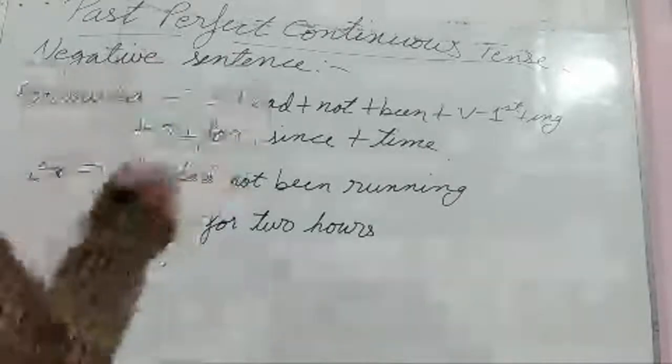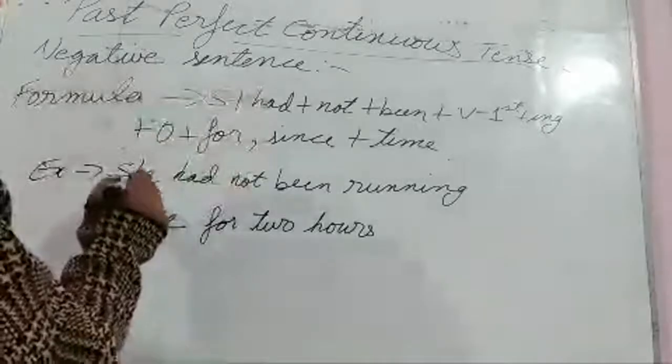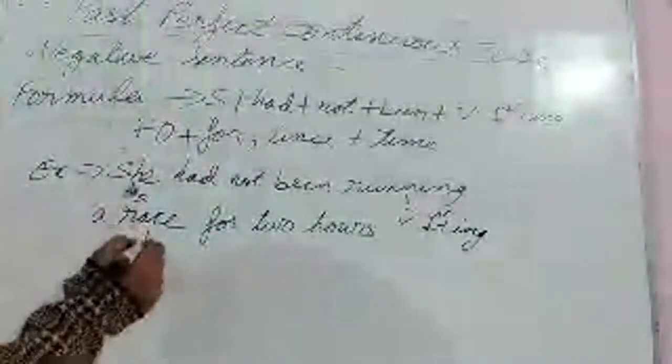So according to the formula over here, she is the subject. Had not been running is the verb. It is the verb of first form plus ing. Okay. So a race is the object over here and for 2 hours is the time. I am repeating the sentence. She had not been running a race for 2 hours.